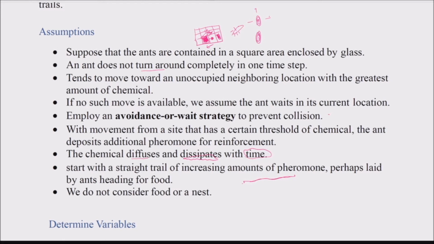We do not consider the food or the nest. So there's no nest here, no food here. Just assume that there's a path with the chemicals. So in that case, see how these ants should move towards that. That's the idea here that we're going to follow.